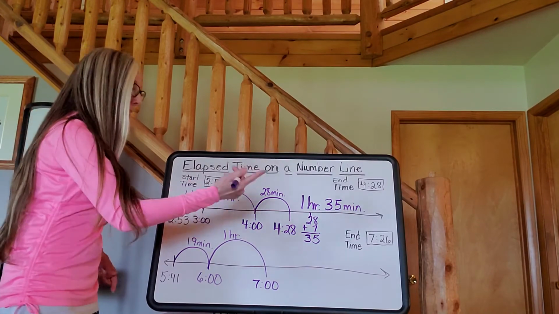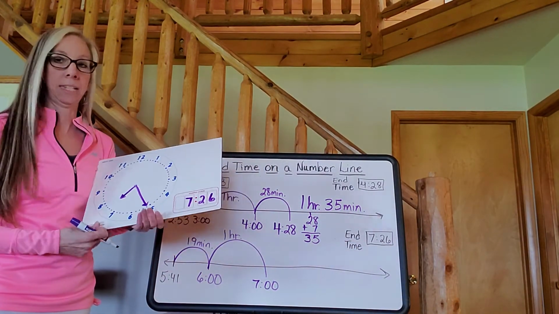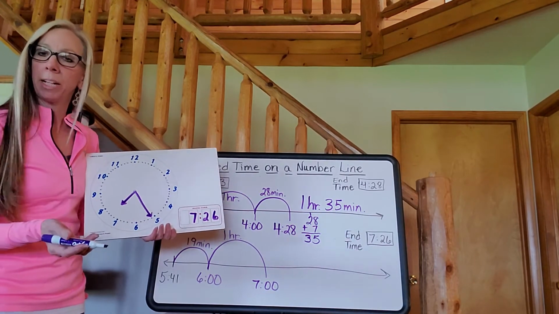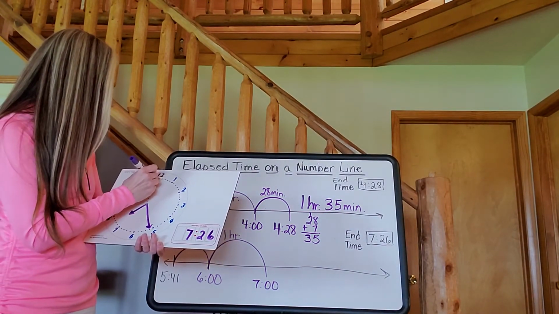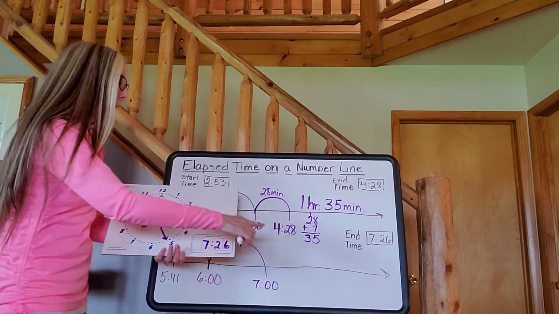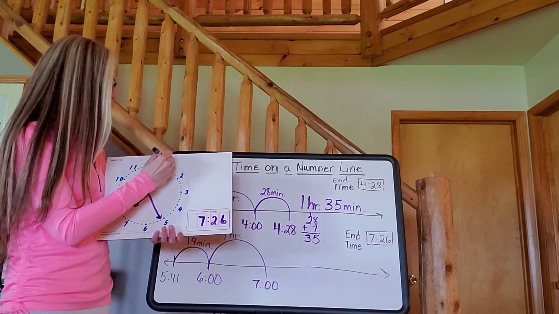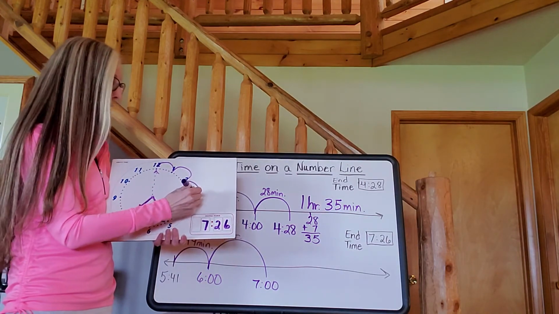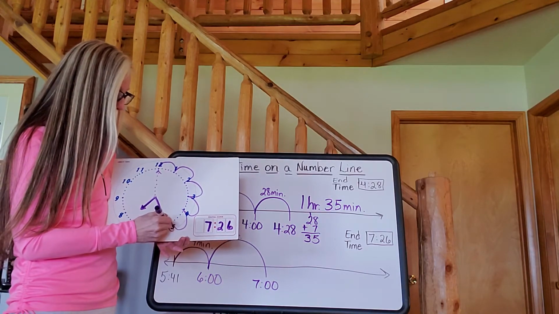Okay, so now, many of you'll know, to go from 7 o'clock to 7:26 is 26 minutes. But we're going to just count around so we all know how to get there. I just drew in my dotted time because now we're at 7 o'clock and we got to go to 7:26. So we're going to count around 5, 10, 15, 20, 25, 26.